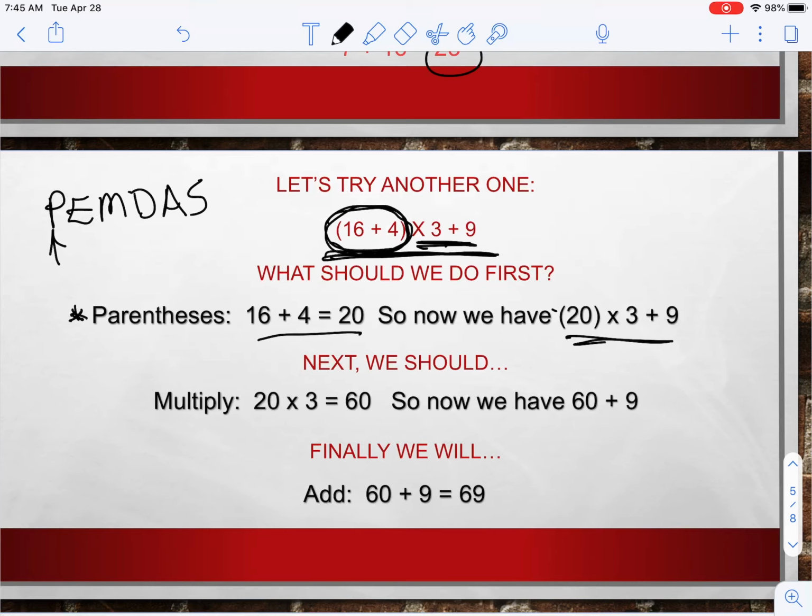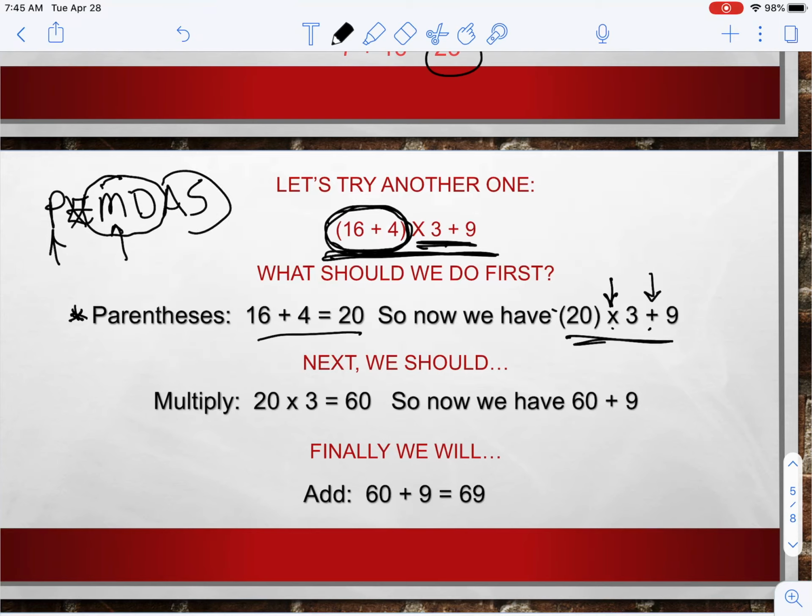So do we do the times first or do we do the plus first? Okay, well, looking at our order of operations, we don't have any exponents, but we do have multiply and divide. And I should point out to you that it's multiply and divide, so either one. So if you had a division sentence here, you would do that first.